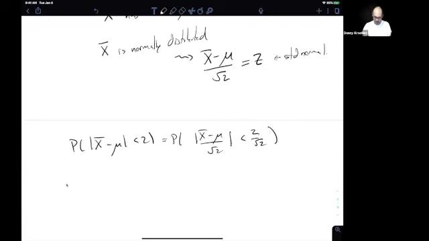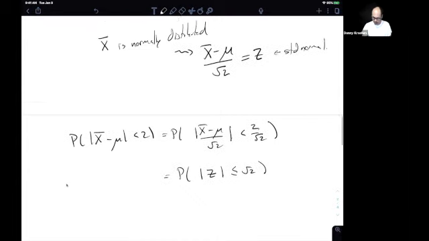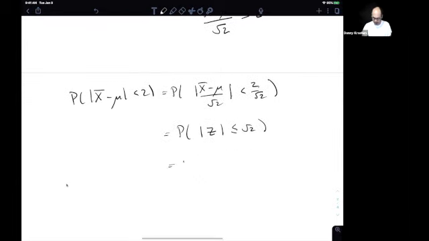And that's the probability that the absolute value of my standard normal random variable is less than or equal to root 2. So that's the probability that my normal random variable is between minus root 2 and root 2, which is about minus 1.4 and 1.4.